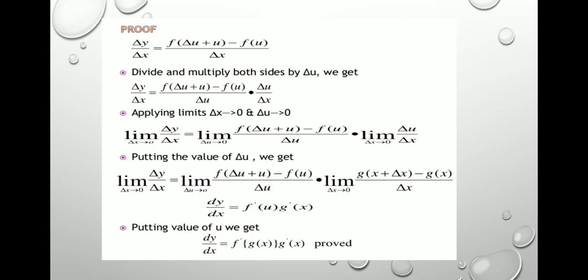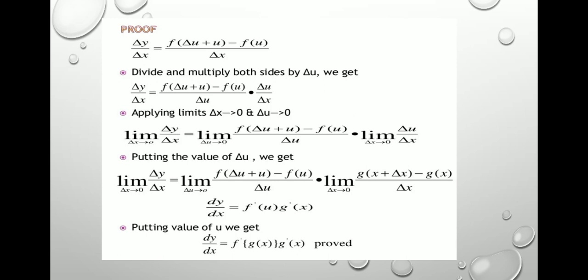Putting the value of Δu, we get the limit of Δy over Δx is equal to the limit of f(Δu + u) minus f(u) over Δu as Δu approaches 0, times the limit of g(x + Δx) minus g(x) over Δx as Δx approaches 0.